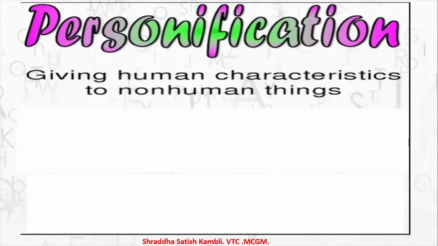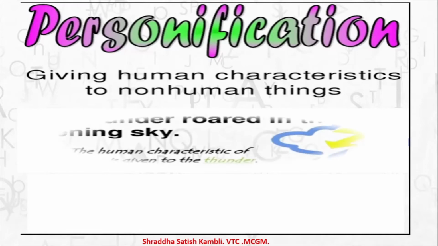Things which are not human beings, not boys and girls and men and women, are given human qualities. What is personification? Giving human characteristics like laughing, smiling, talking, etc. to non-human things.